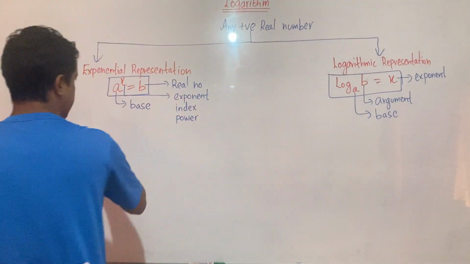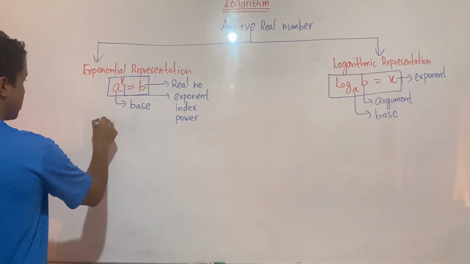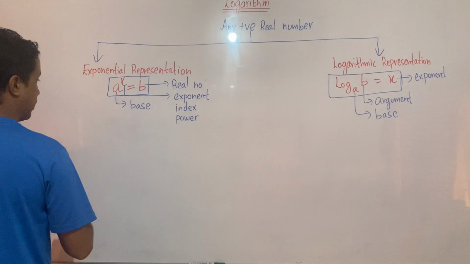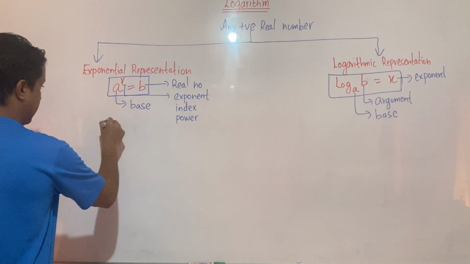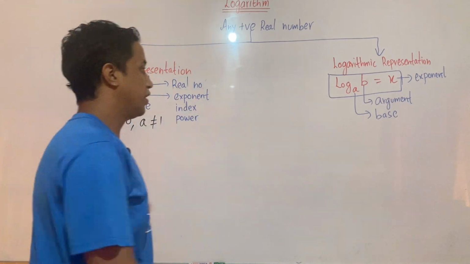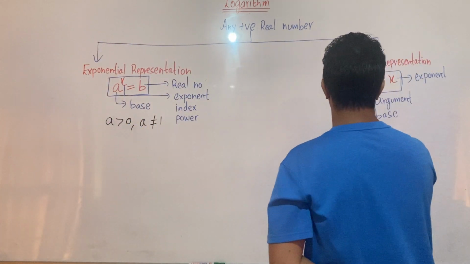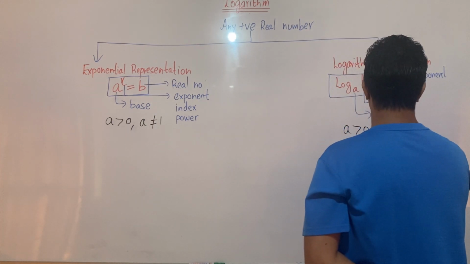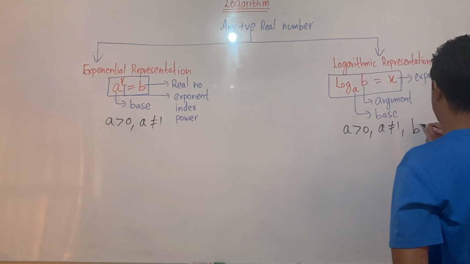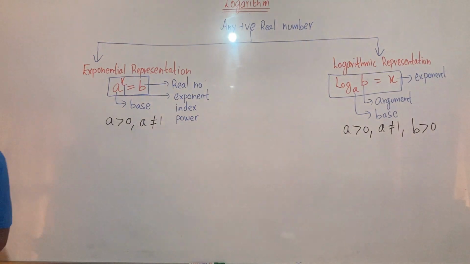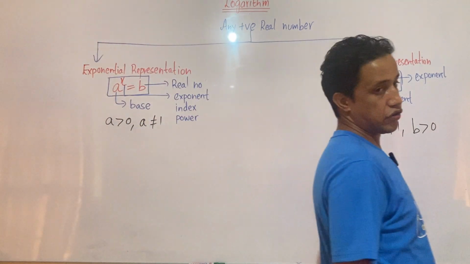The condition is that a must be greater than 0 and a should not be 1, and b greater than 0.